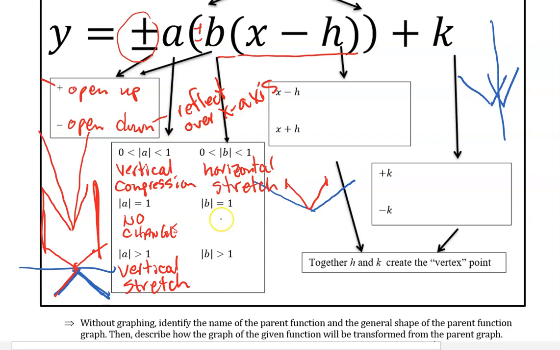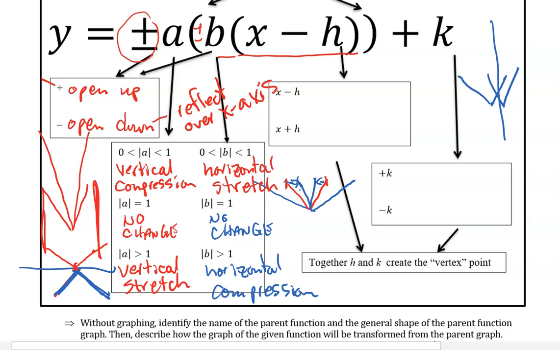If b equals 1, no change. If the absolute value of b is greater than 1, it'll do what's called a horizontal compression. Horizontal compression would then squeeze the sides in horizontally.